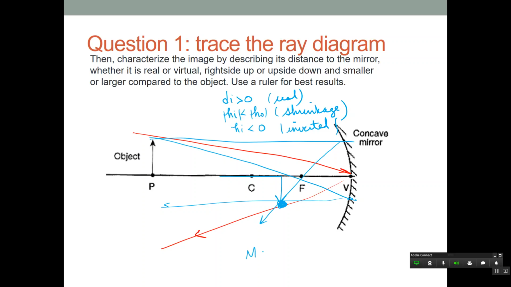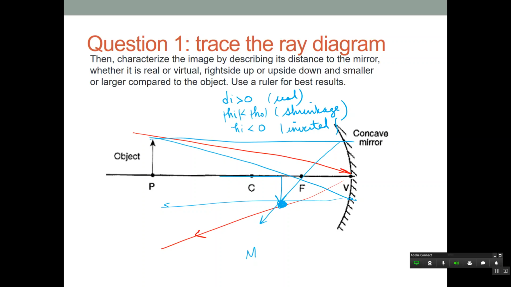What can you tell me about magnification? Greater than or less than 0? Why? What does it mean greater than 0? It's smaller, but that's not what the sign of magnification means. What is the sign of magnification? Inverted or not?